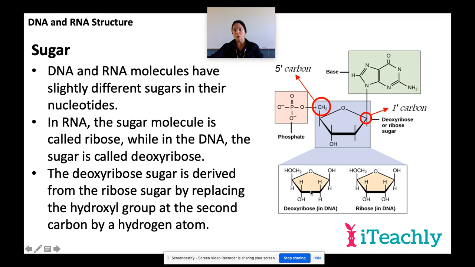There's one less oxygen in this molecule, and it's actually right here. Do you see how this has an OH? It has an oxygen over here. There's no oxygen there. So the sugar molecule is really important to the structure. It tells us whether it's right side up or upside down, and it also allows us to look at the difference between our DNA molecule and our RNA molecule.